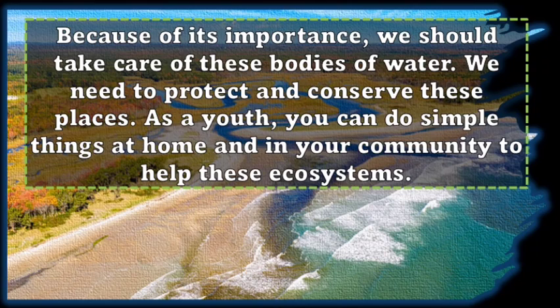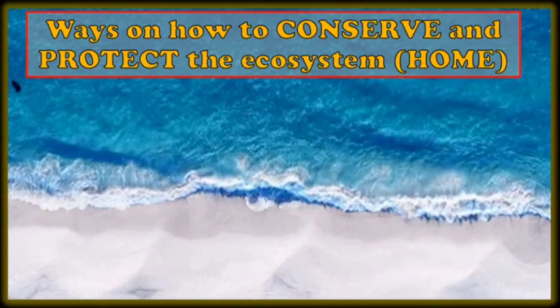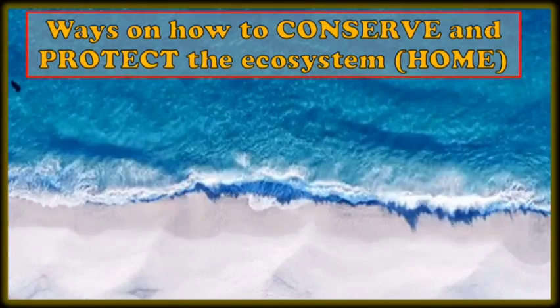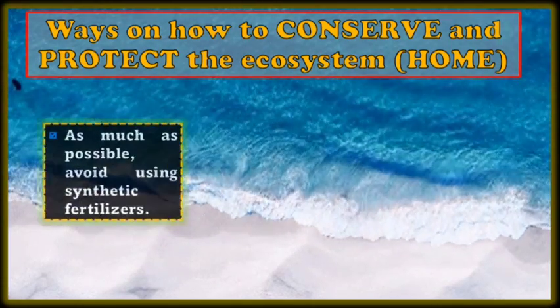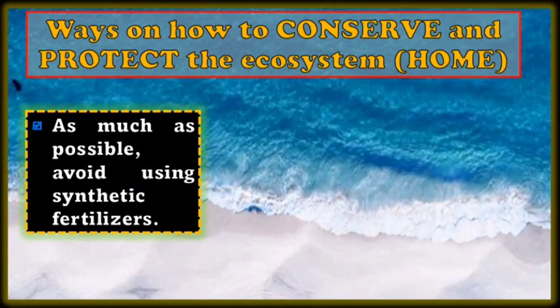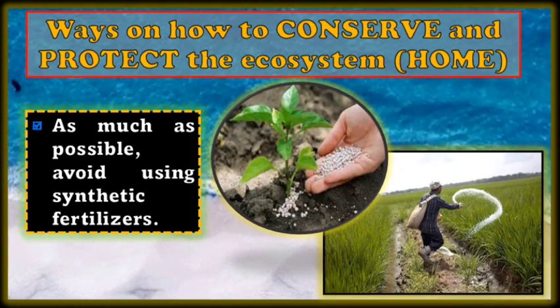So let's see some ways you can do at home on how to conserve and protect our estuaries. So number one of the ways on how to conserve and protect the ecosystem starts from home. Okay, number one, as much as possible, avoid using synthetic fertilizers.